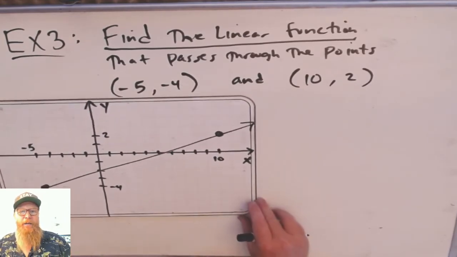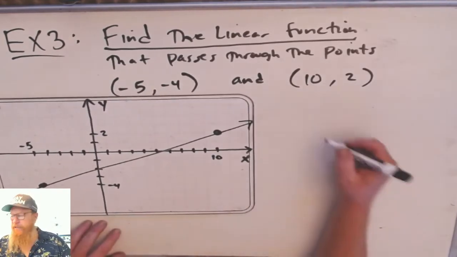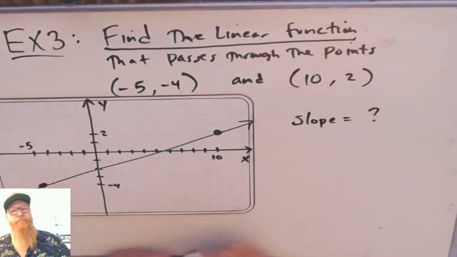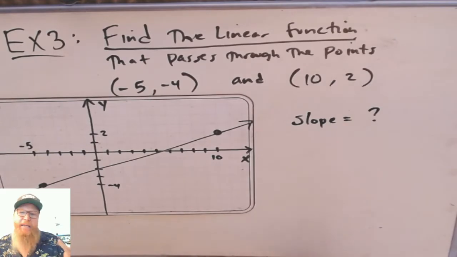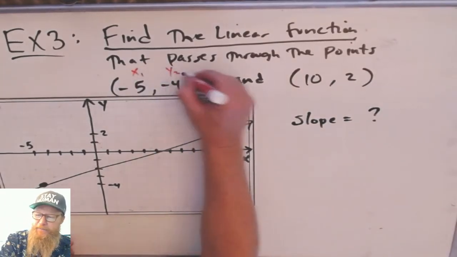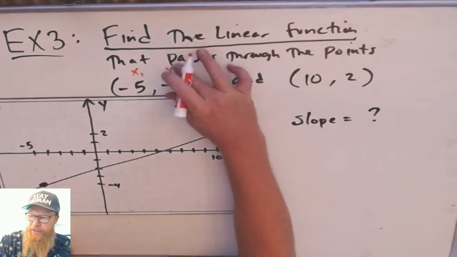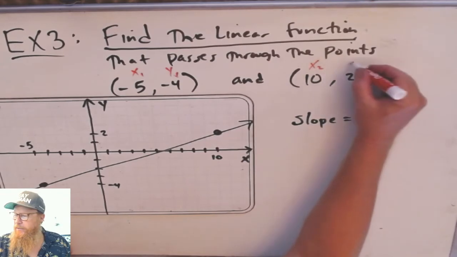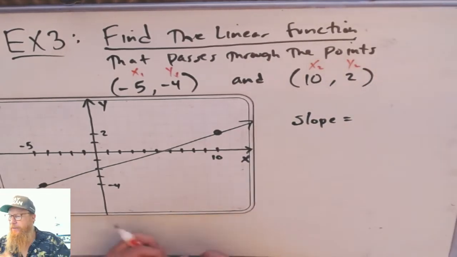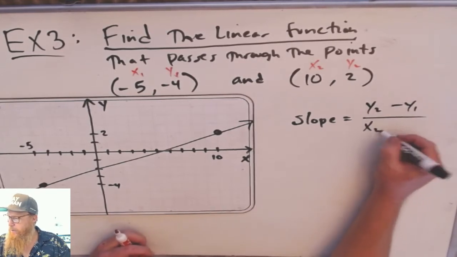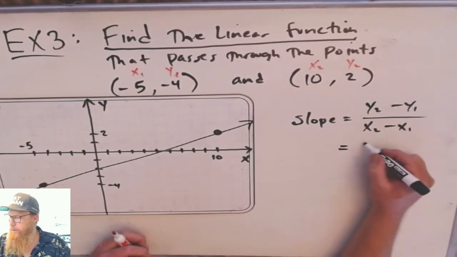I'm sorry. Okay. And so now we need to find out what the slope is. There are several ways to do the slope. One way was way back in chapter 2. I just taught you the formula. x1, y1, x2, y2. And you could just use the formula y2 minus y1 over x2 minus x1.